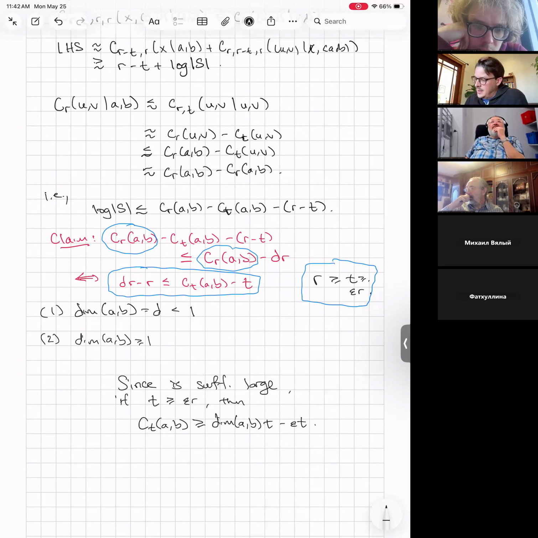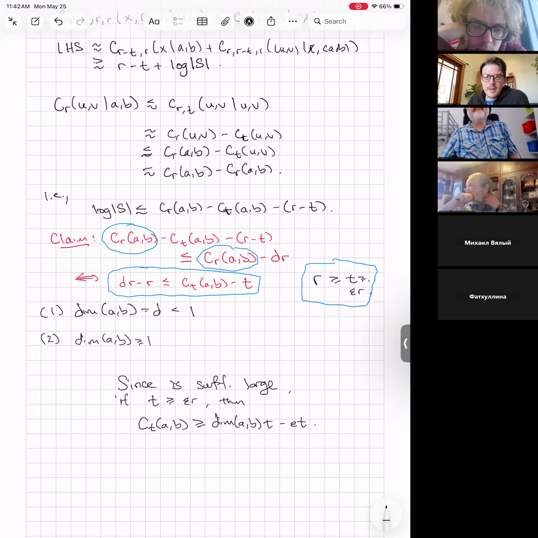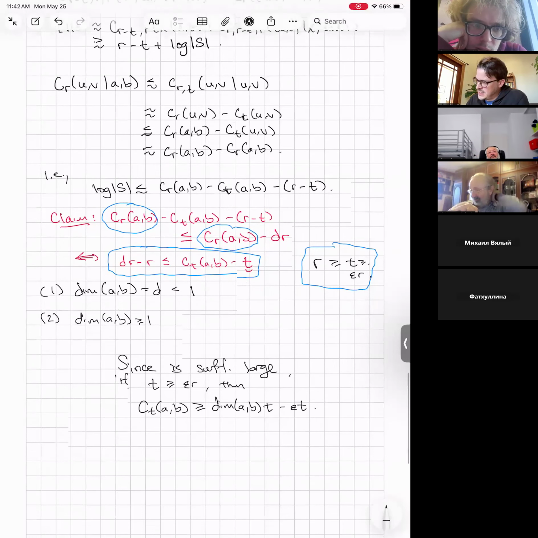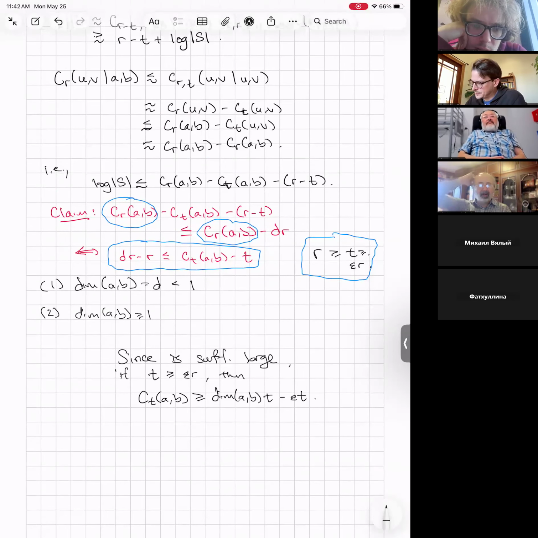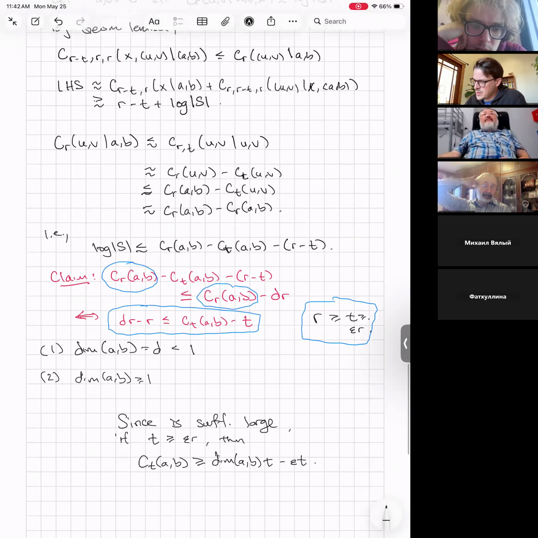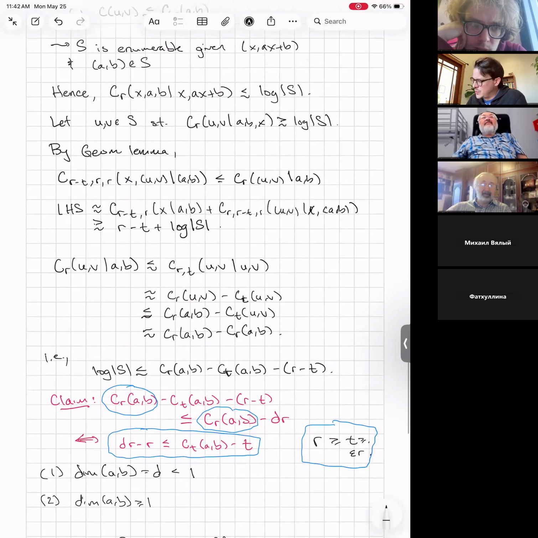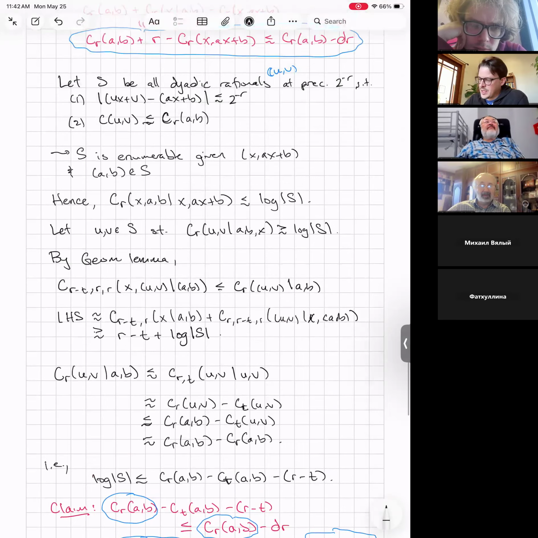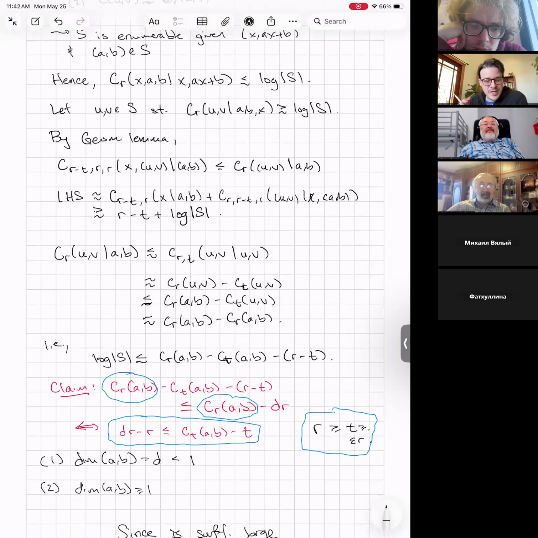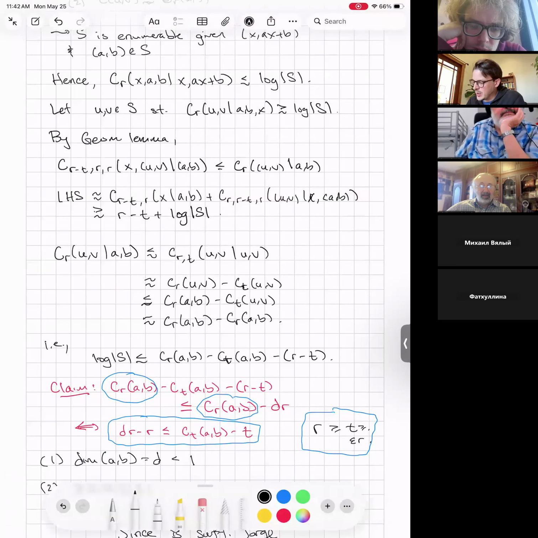And if T is some constant, and probably it's just a constant, so we need to handle the case when T is small.